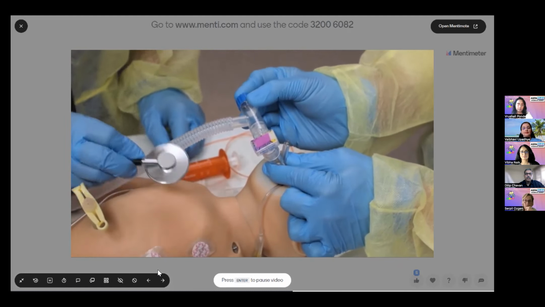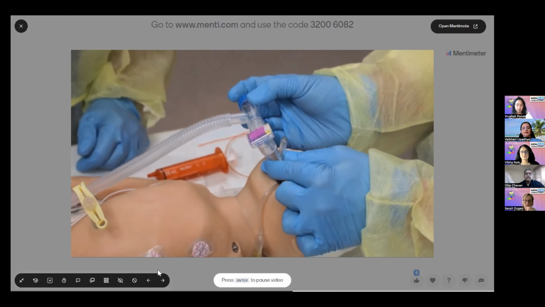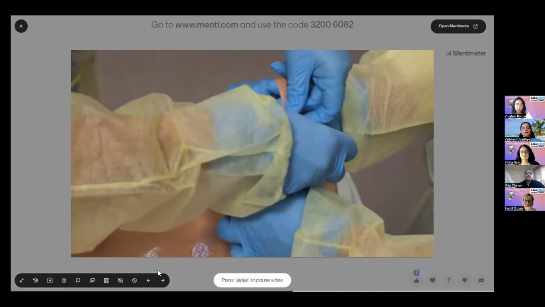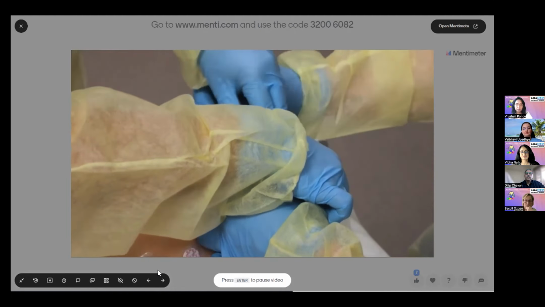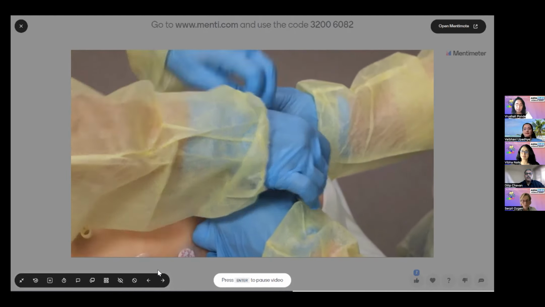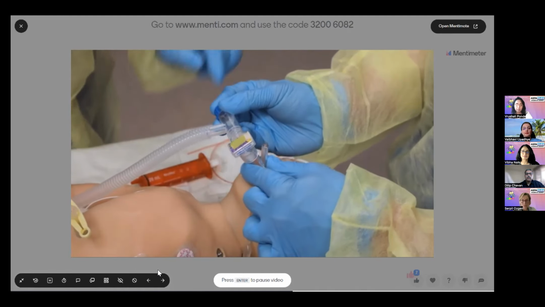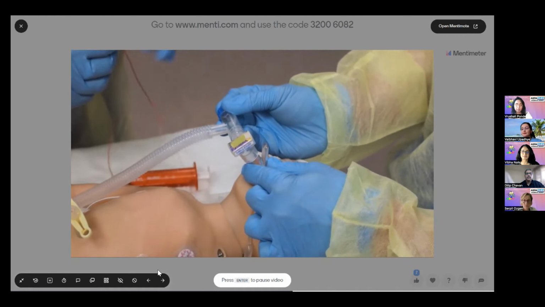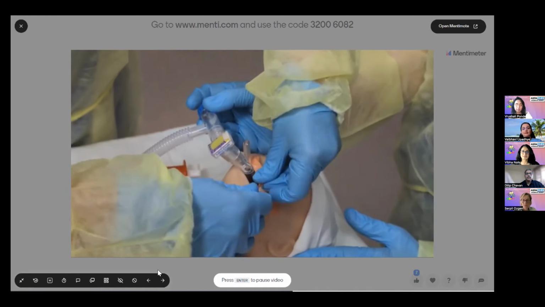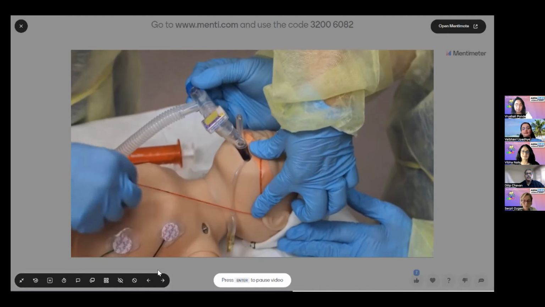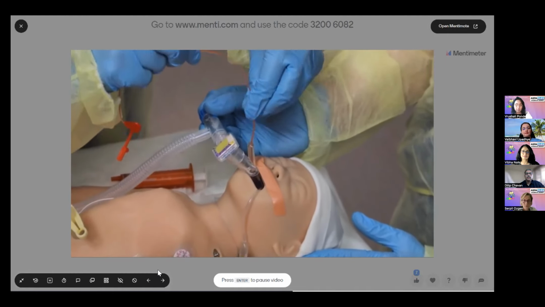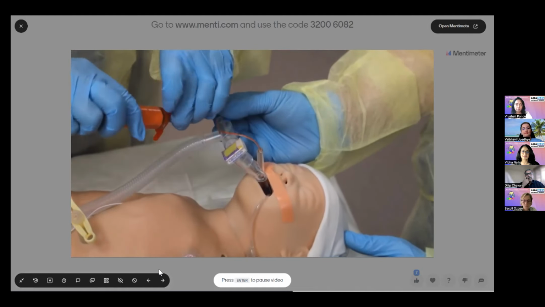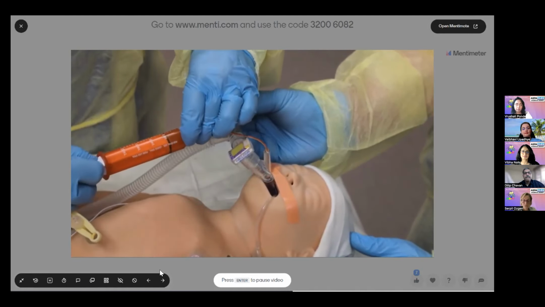By the time you've given 8 to 10 breaths, the CO2 detector should turn yellow as it detects exhaled CO2. Secure the laryngeal mask and monitor the newborn's heart rate, oxygen saturation, breathing, and muscle tone. This laryngeal mask has a port for insertion of an OG tube. Measure to determine the correct depth of the OG tube and insert it down the port. Aspirate the air and stomach contents and leave the tube open as a vent.